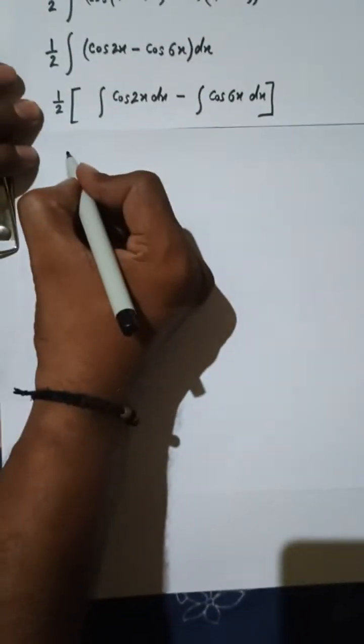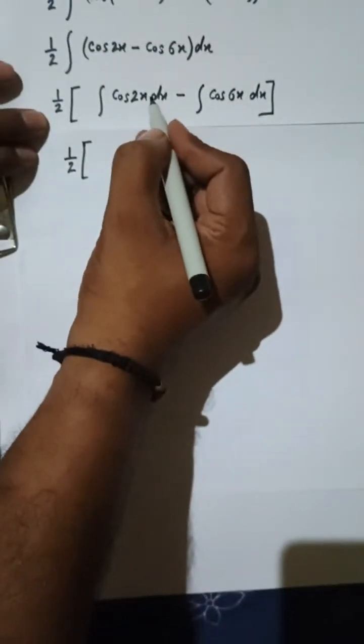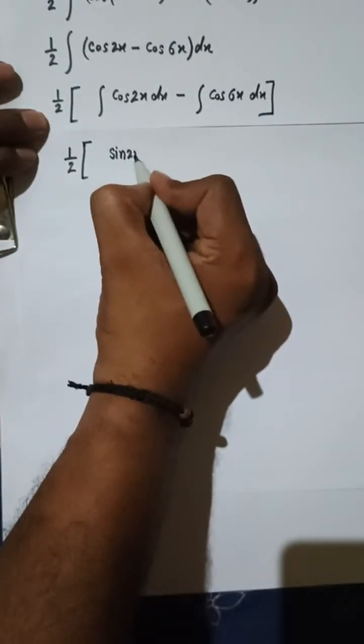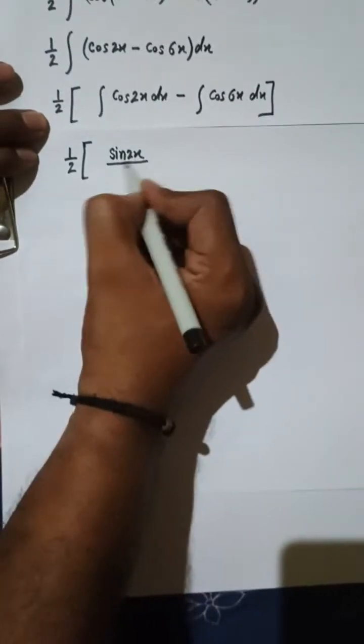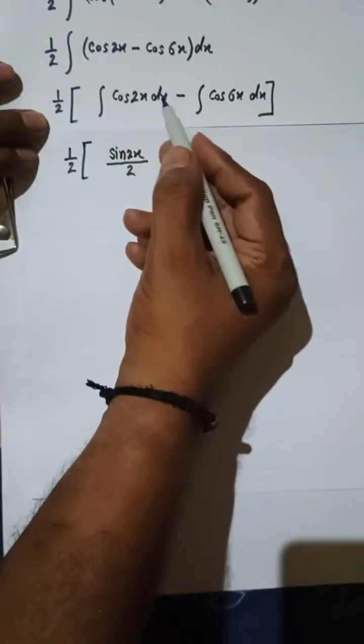That is 1 by 2, and the integration of cos 2x into dx will be sine 2x, and 2 is the coefficient of x, that's why I'm dividing this term by 2. This is the integration of cos 2x dx.